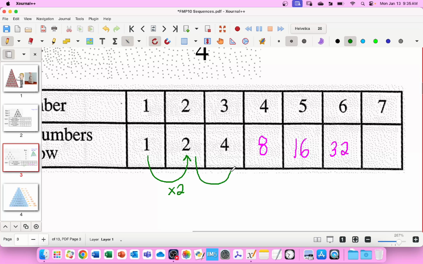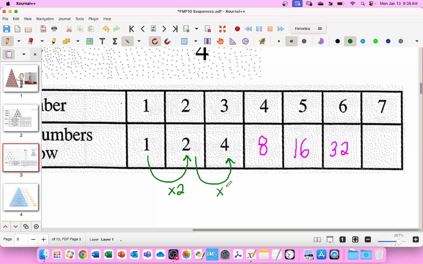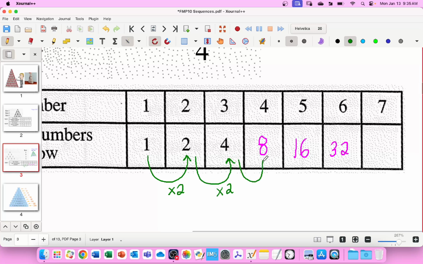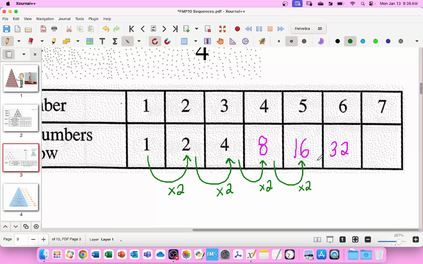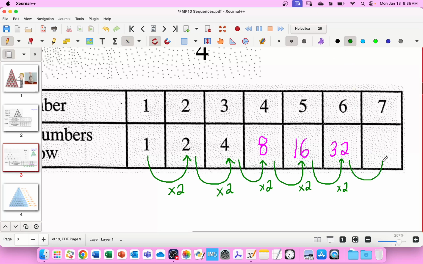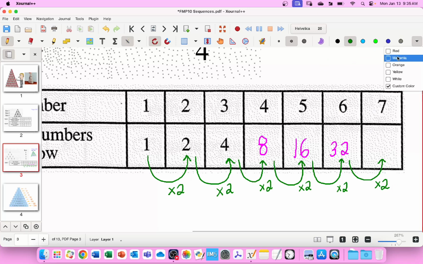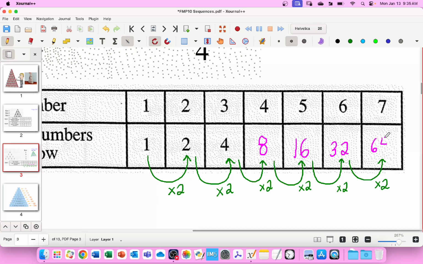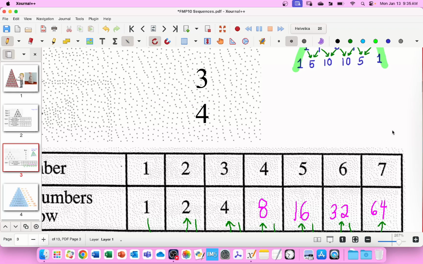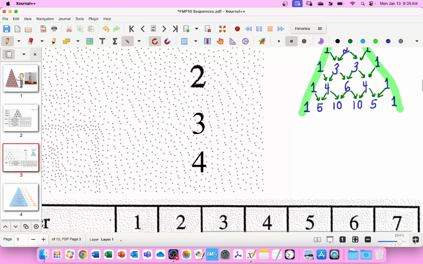To get from 2 to 4, that's times 2. To get from 4 to 8, that's times 2. To get from 8 to 16, that's times 2. 16 to 32, times 2. So I have to expect that the next row would have 64 as the sum of the numbers. Why don't we just show that that is going to be the case?